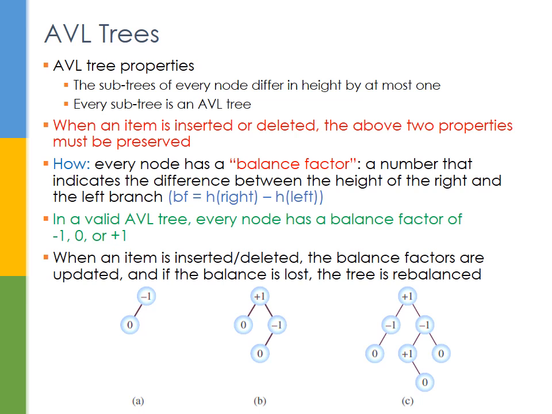So then when an item is inserted or deleted, the balance factors are updated within the tree to accurately reflect the addition of this new item. And if the balance is lost, which will be detected by the balance factor of a node becoming -2 or +2, then the tree needs to be rebalanced.